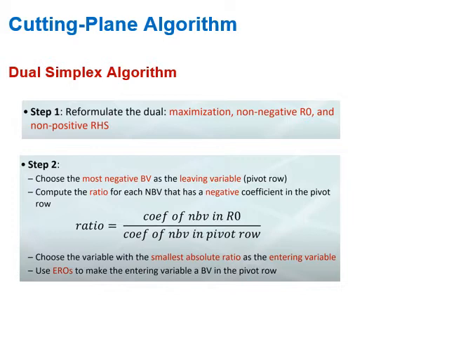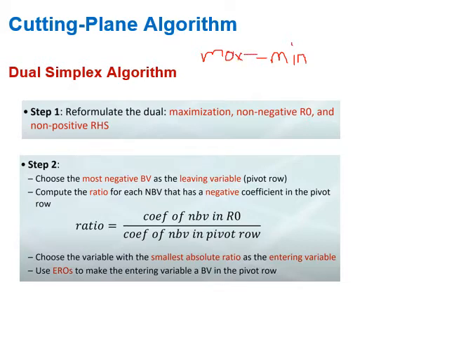Now let's consider the dual simplex algorithm and let's identify the differences. The first step is, okay, we are going to give this algorithm for a maximization problem. If the problem is not maximization, remember, if it is minimization, what we can do is multiply by -1 so that the problem becomes maximization.